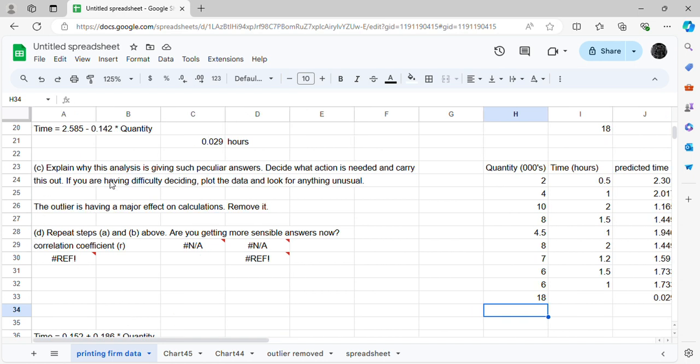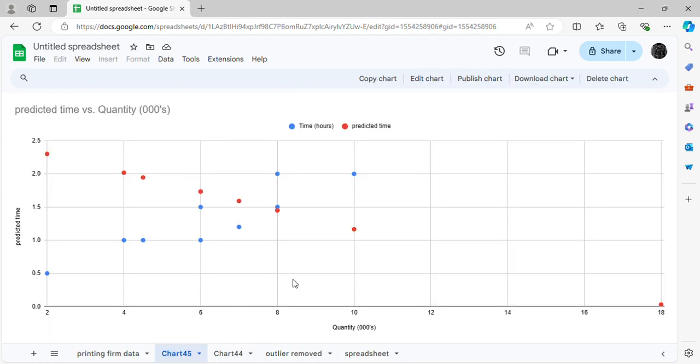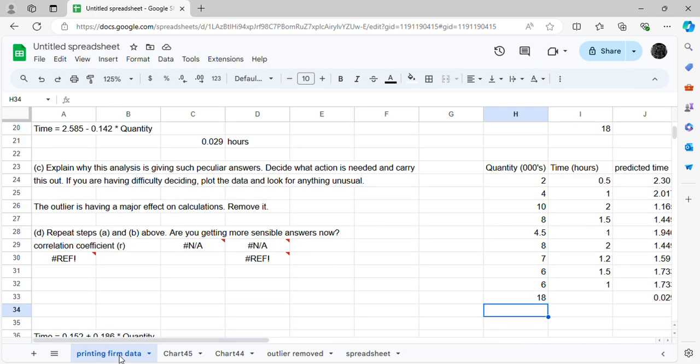So explain why this analysis is giving, so repeat. So when we remove the data, okay, so we need to find the equation again.